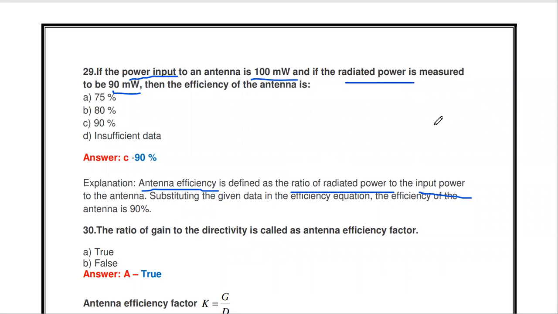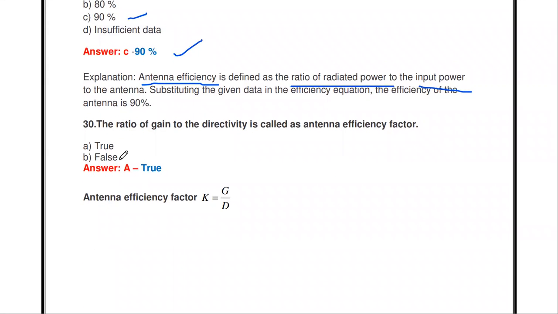So the radiated power, 90 milliwatts, divided by the antenna input power, 100 milliwatts. In terms of percentage, we get the answer as 90%.